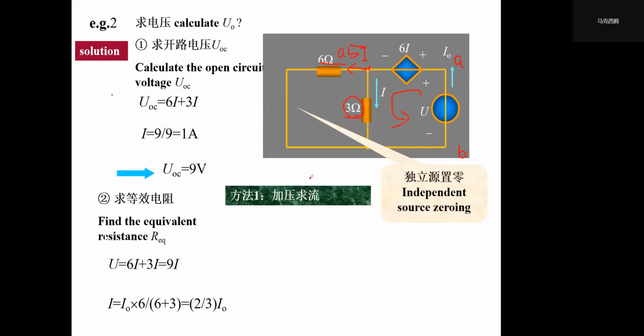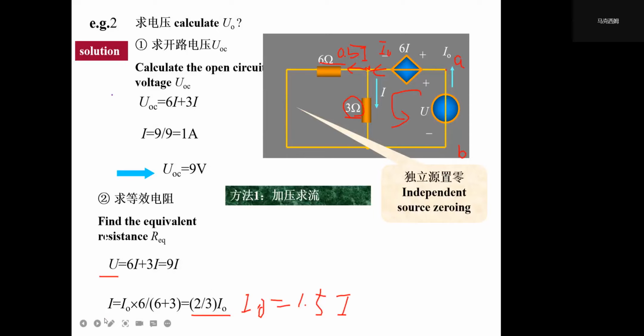And we know that I equals 2/3 of IO. IO equals, we know from the calculation, we saw this one is IO. So IO is 1.5 times I. So I is 2/3 of IO.